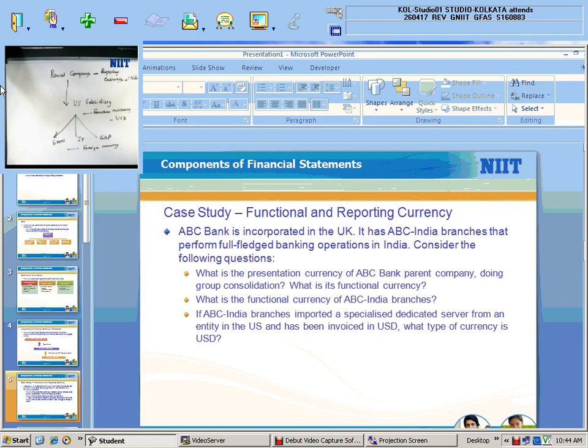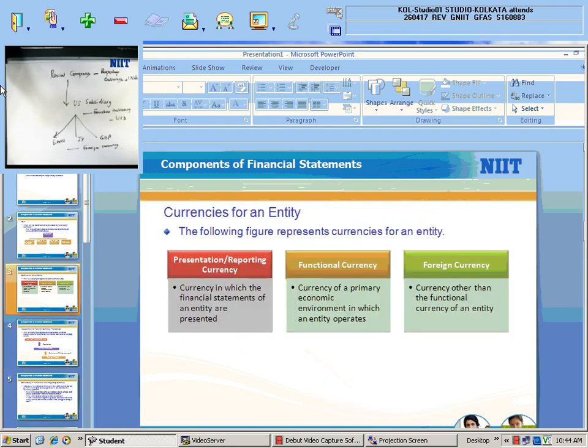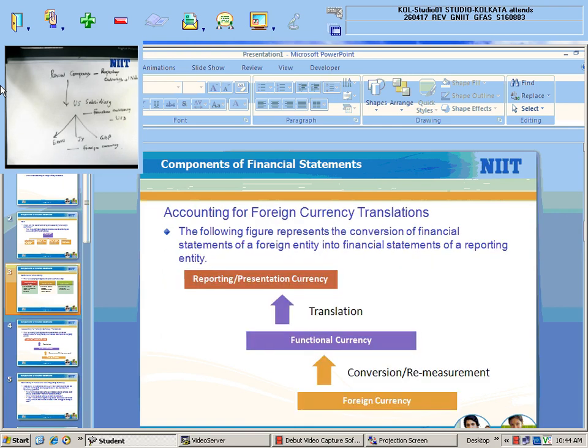Now the branch of ABC Bank in India imported a specialized dedicated server from an entity in the US, which has been invoiced in US dollar. So the currency US dollar is basically a foreign currency for the ABC India branch. These are the meanings of reporting currency, presentation currency, functional currency, and foreign currency. Is that clear to everybody?